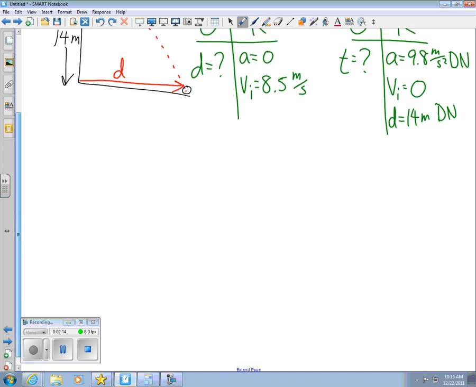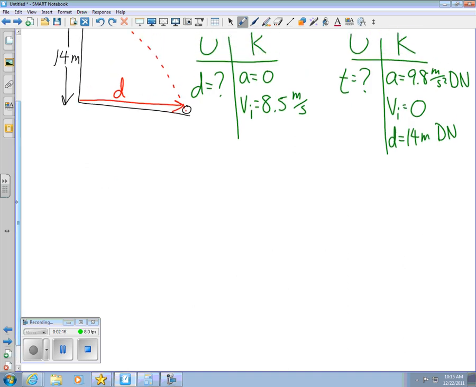All right, we have everything we need to use the d under the vertical. d equals Vi t plus 1/2 a t squared formula. The initial velocity is 0. 0 times anything is 0, so that side gets arrowed zero, and we are left with d equals 1/2 a t squared.